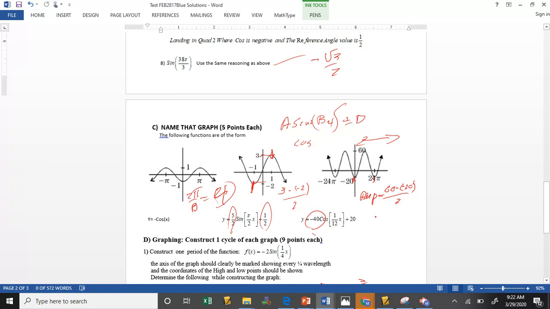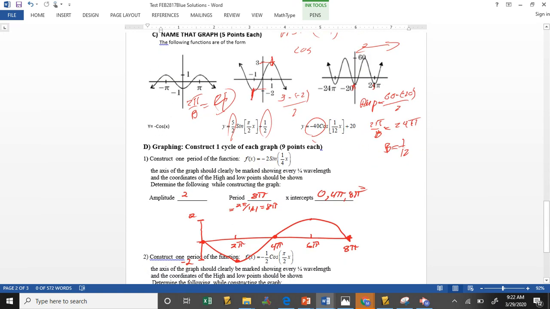So 2 pi over b is equal to the period, which is 24 pi, which means we cross multiply and solve, b is going to be 1/12. And it looks to be pushed up 20 units because it should have risen to 40, and it rose to 60.